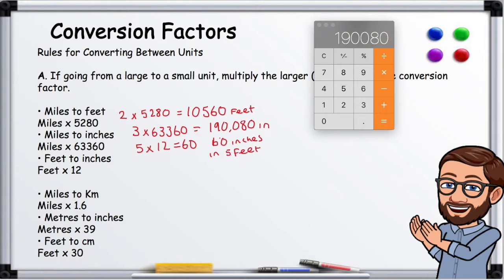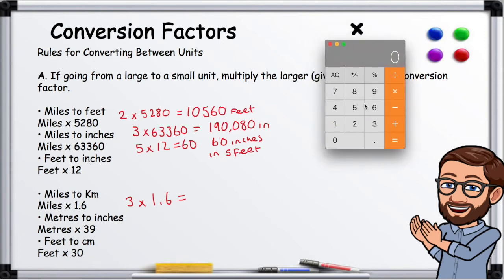So let's say we want to find out how many kilometres is 3 miles. 3 times our conversion factor of 1.6 equals, let's clear our calculator, 3 times 1.6 equals 4.8. So 3 miles equals 4.8 kilometres.